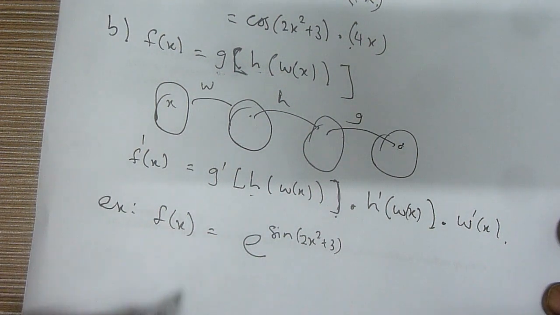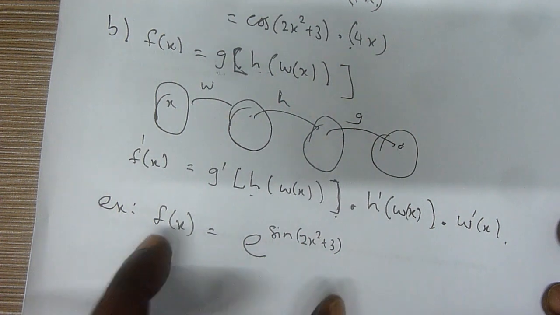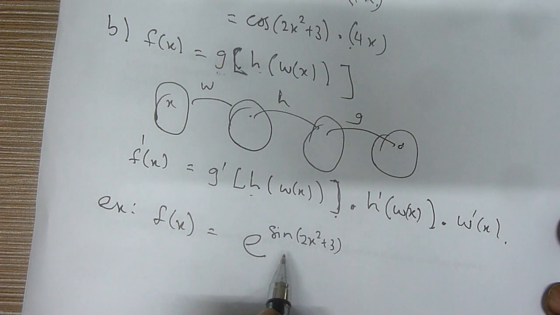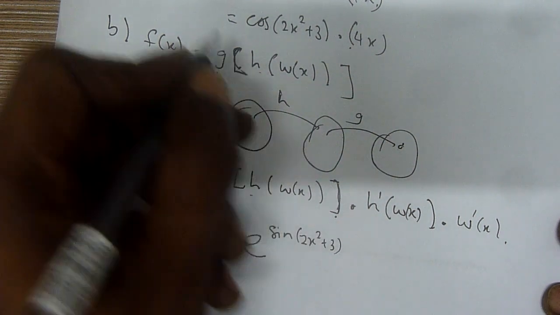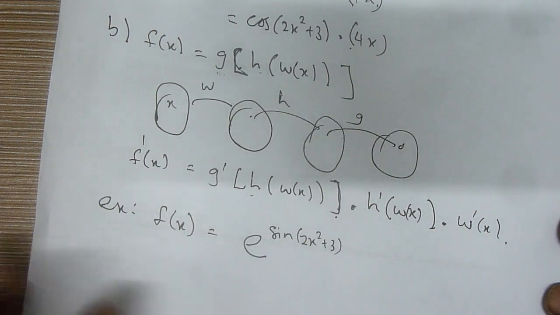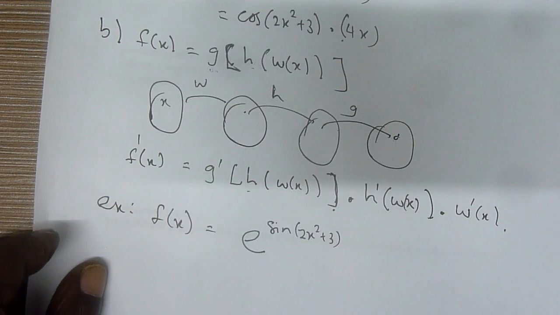Later I will explain this portion, because I need to teach you exponential differentiation before I proceed to solve this problem. Please give a try for this. Later we will come back and solve this.